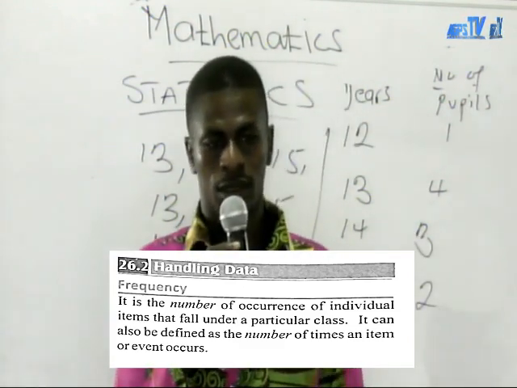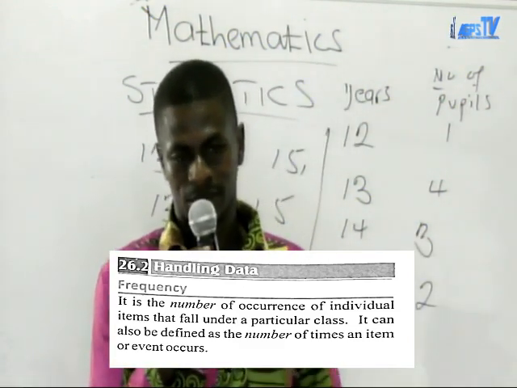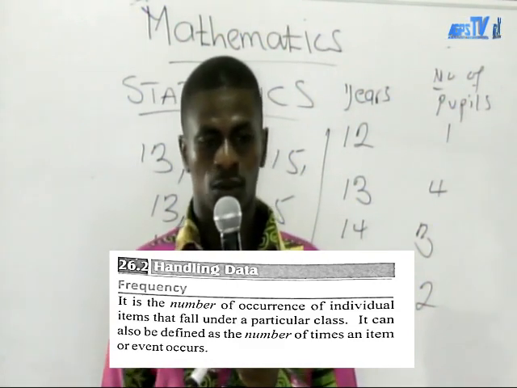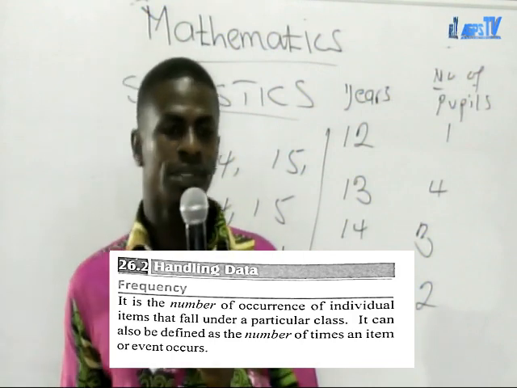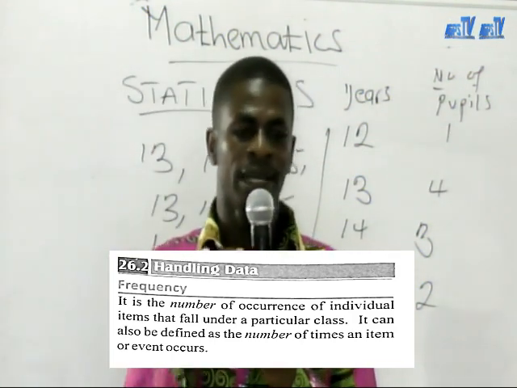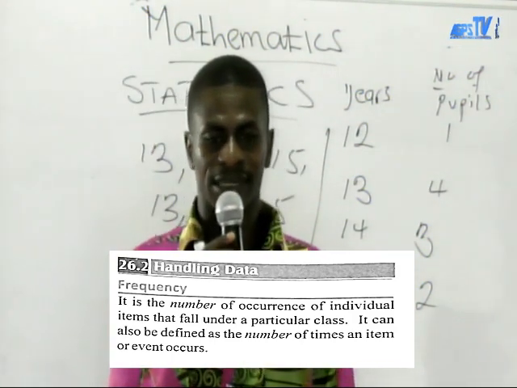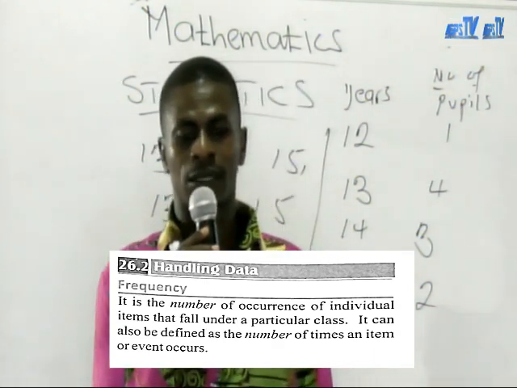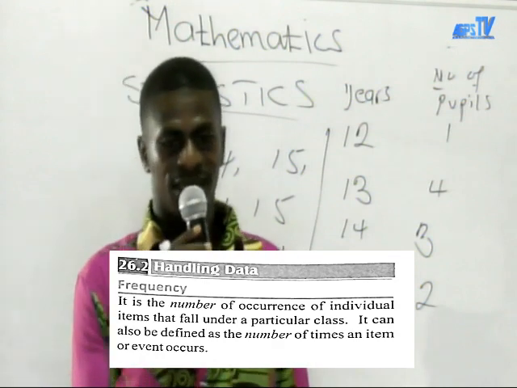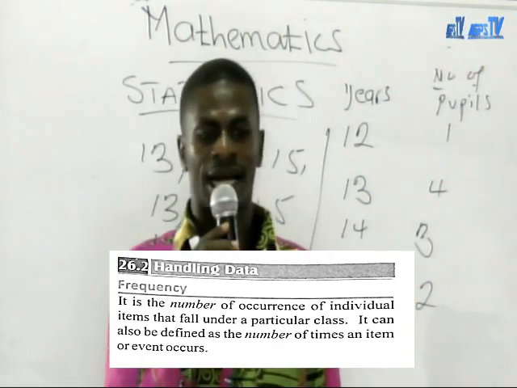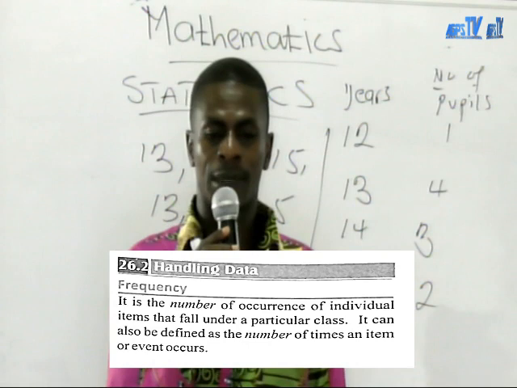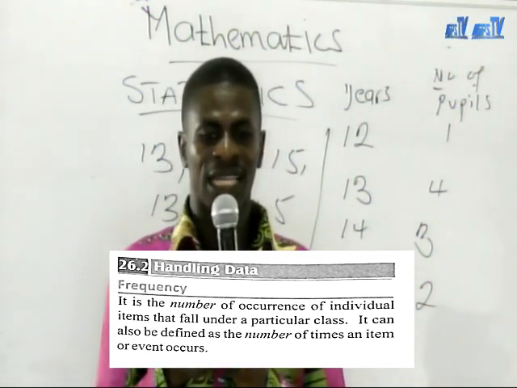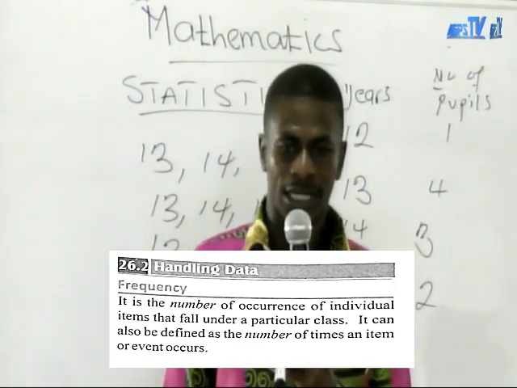as we move on. And one of them is frequency. And so I would like to first of all draw your attention to what frequency is. When we say frequency, it simply means the number of occurrences of individual items that fall under a particular class, and it can also be defined as the number of times an item or event occurs.